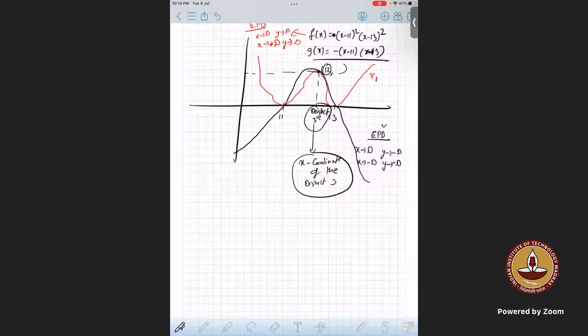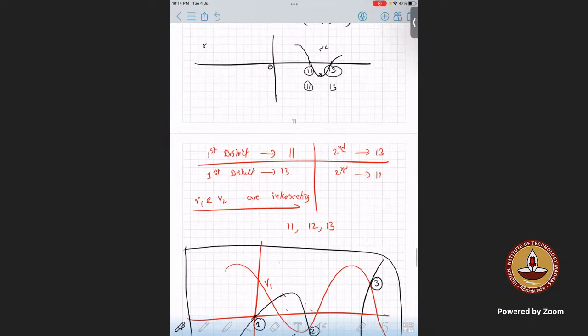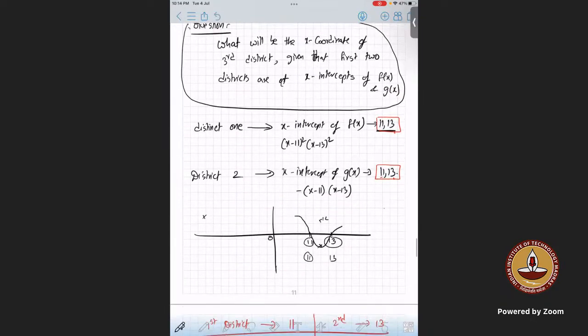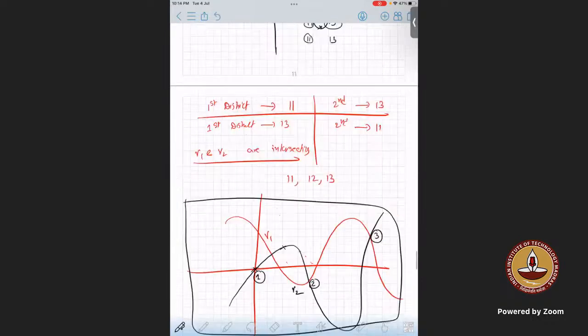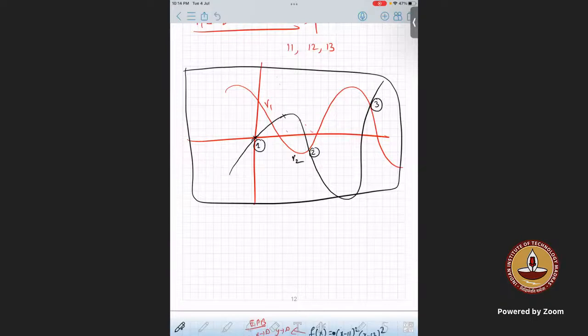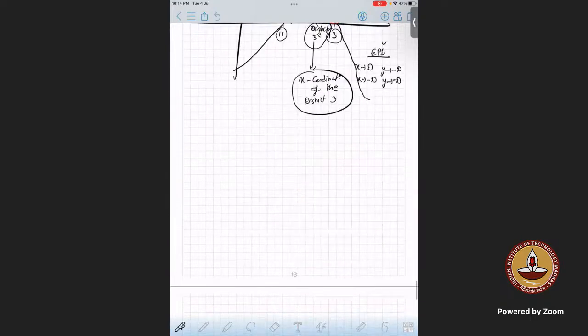When we draw these curves, there is an intersection point between 11 and 13, which we found by using f of x equal to g of x. If y is equal to 0, then it won't be a curve. It would be a line. Maybe right.